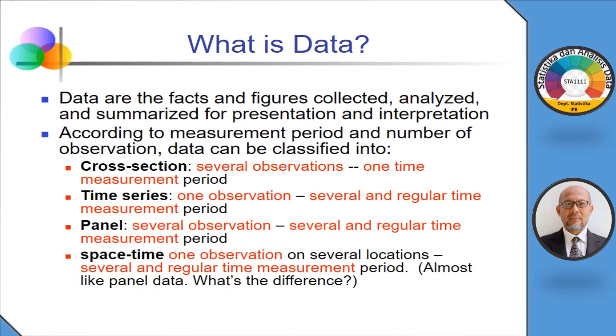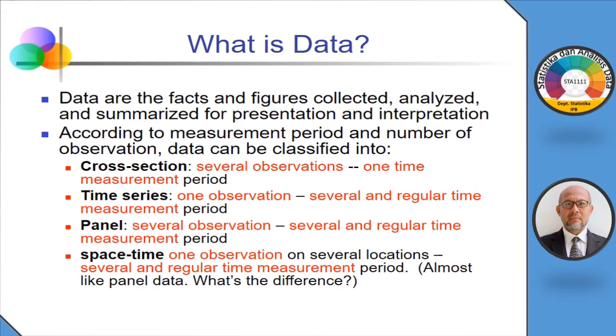By definition, data are the facts and figures collected, analyzed, and summarized for presentation and interpretation. According to the measurement period and number of observations, data can be classified into cross-section data, time series data, panel data, and space-time data. What is the difference between the four kinds of data?